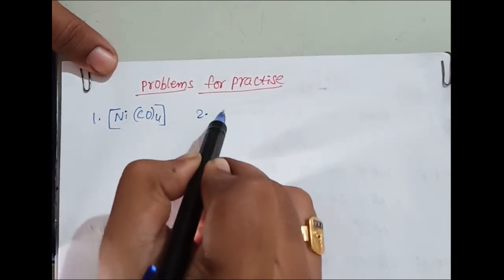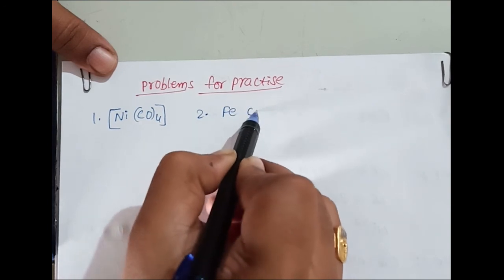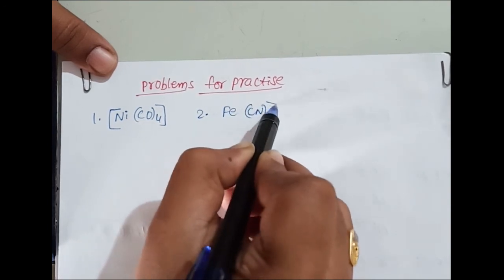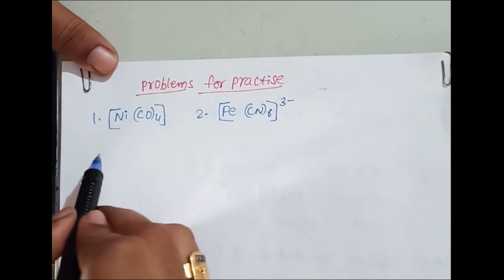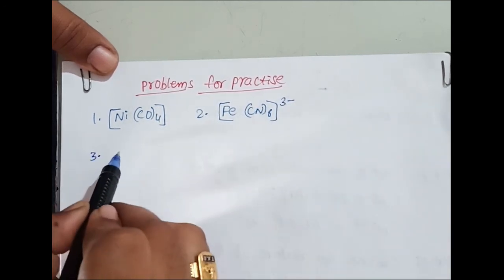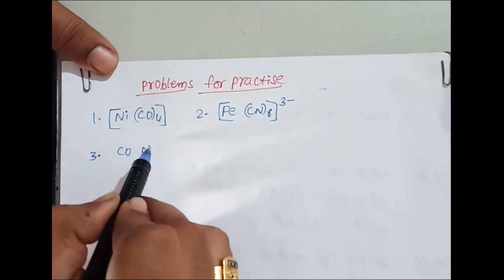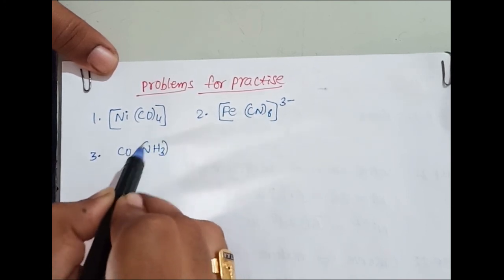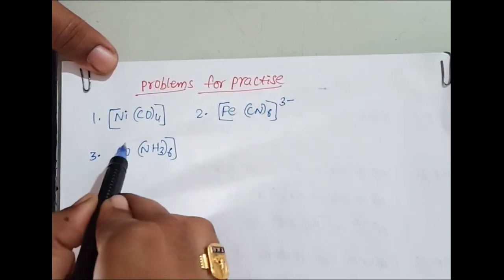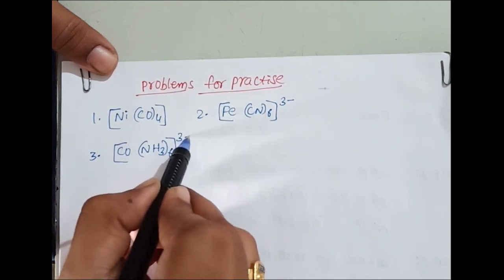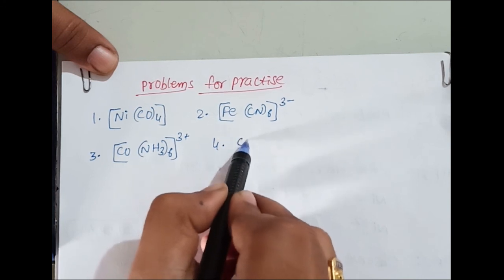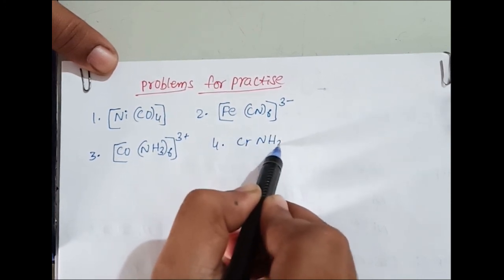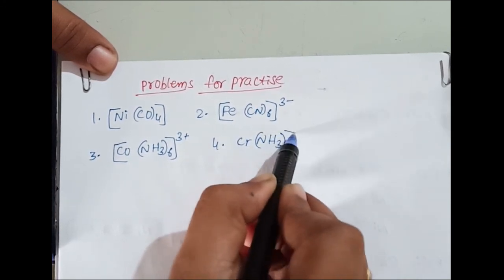Second example, [Fe(CN)6]3-. Third example, [Co(NH3)6]3+. And next example, [Cr(NH3)6]3+.